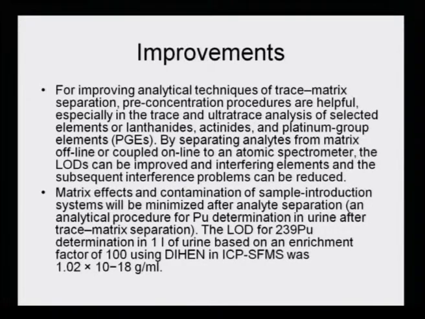So, you see what a small quantity of this radioactive substance 239Pu could be analyzed from 1 liter of urine, by simply the enrichment factor and by taking into consideration the trace and matrix separation, which could be done very efficiently, so that all other elements which are in larger quantity can be separated out and precisely only the radioactive Pu can be analyzed.